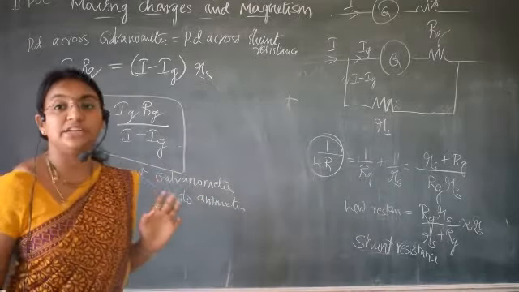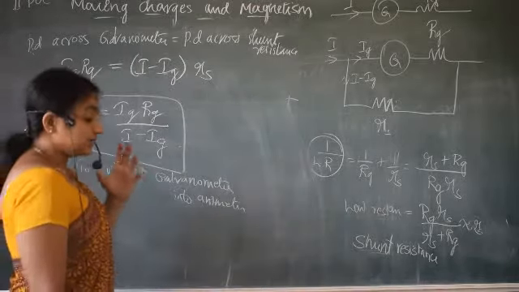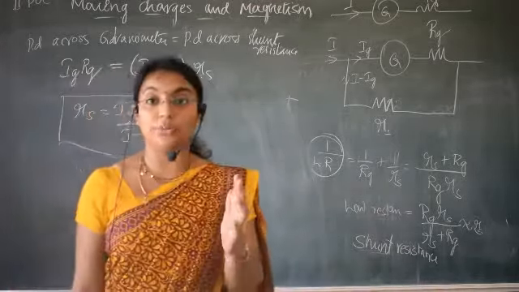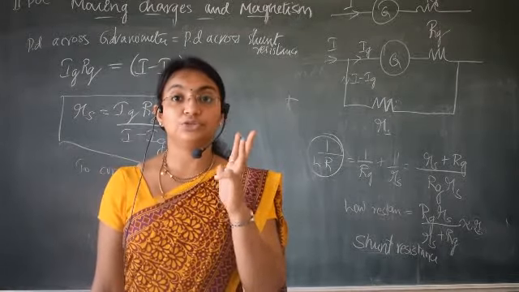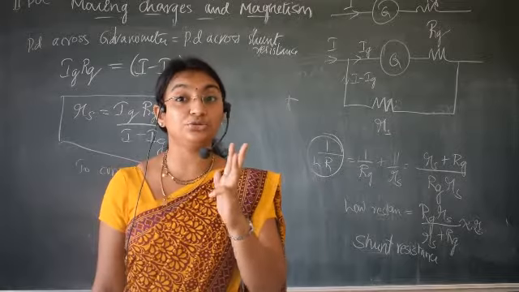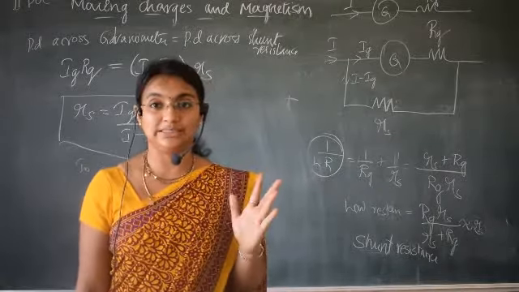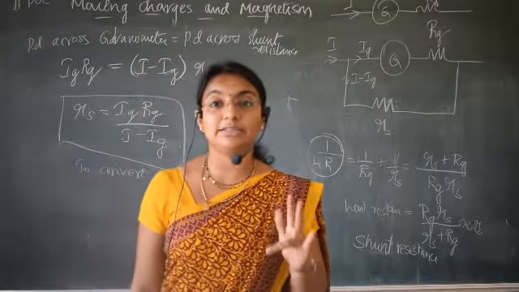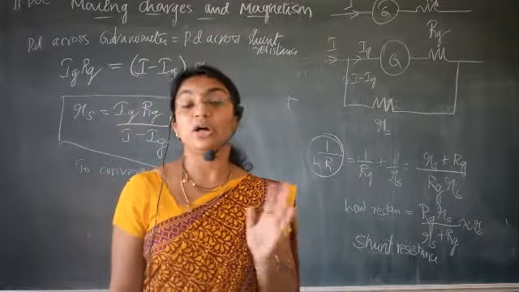This is a very important question for 3 marks. What is an ammeter and how it works, you should know. An ammeter is a device used to measure the current. It should have very low resistance. Then a galvanometer is a device used to detect the current. It will not have very low resistance.